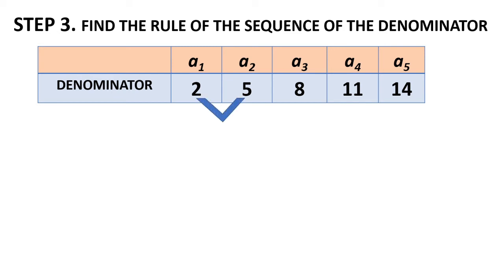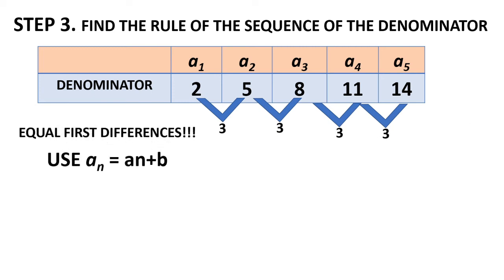The difference between 2 and 5 is 3. We also have 3 for the other succeeding consecutive terms. If you can observe, all the differences are the same. So we can use the rule a sub n is equal to an plus b.